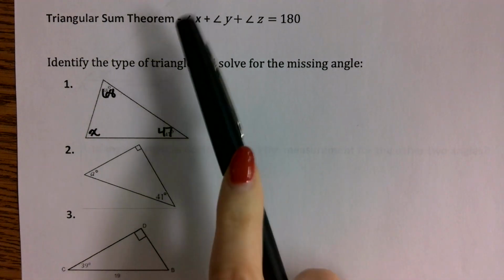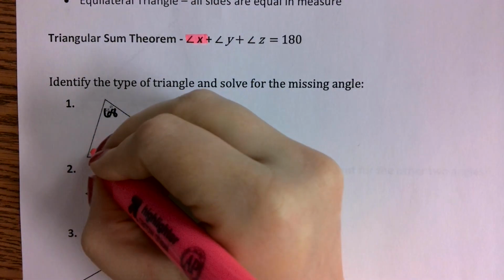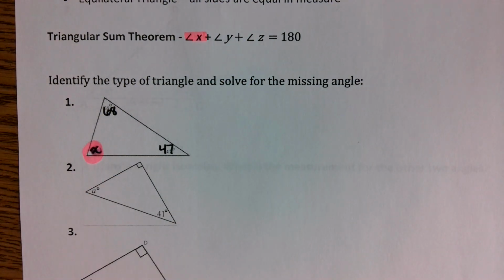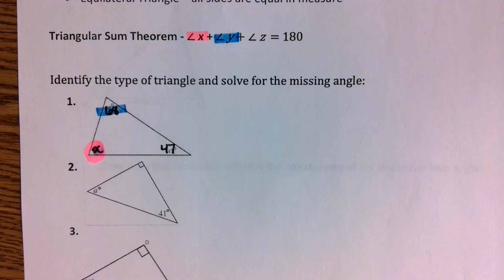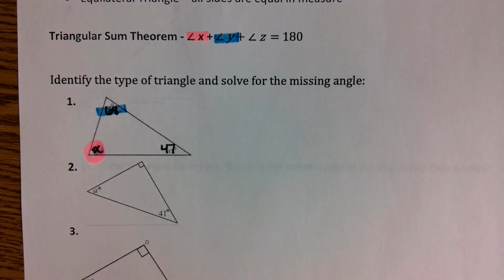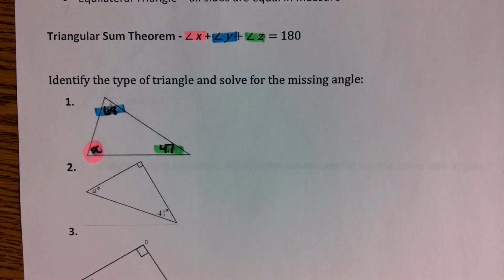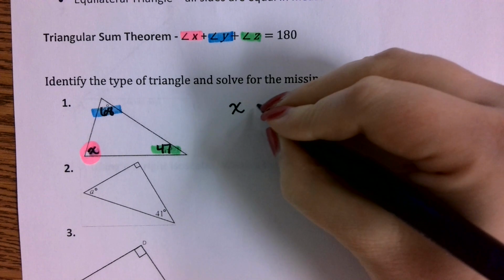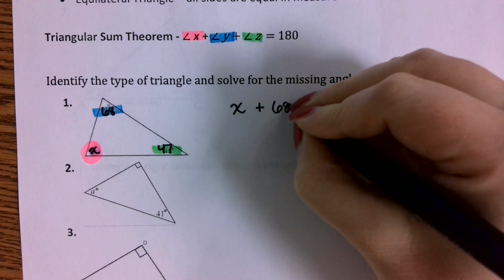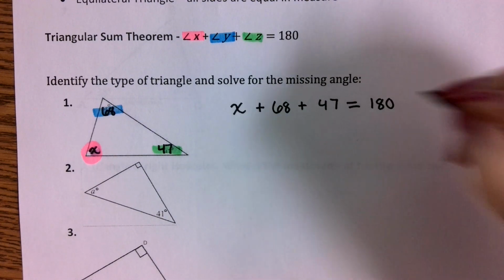Based off of the triangle sum theorem, we'll say that this is angle X, let's state that 68 is angle Y, and angle Z we'll label as the 47. If I take all three of these angles together and add them up, it's going to equal 180 degrees. So when I create my equation, it's X plus 68 plus 47, and it's equal to 180.